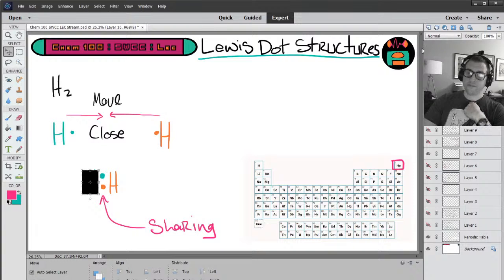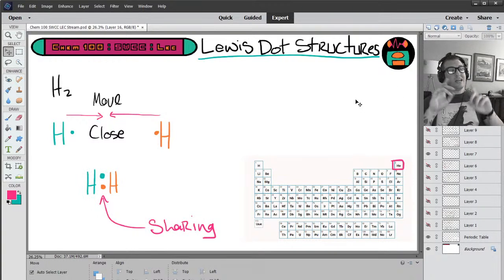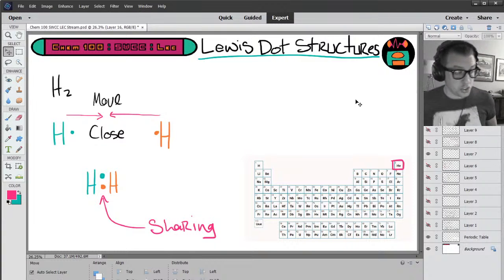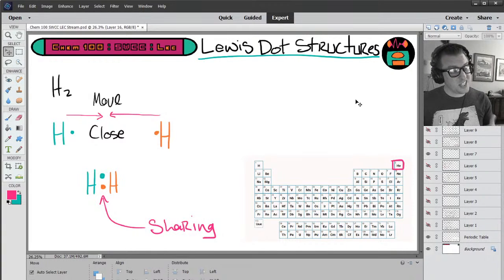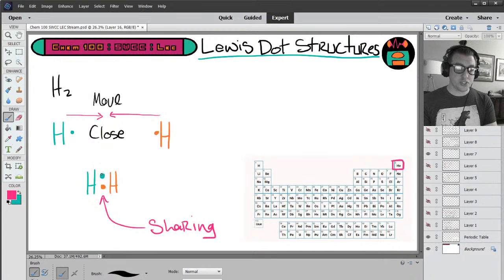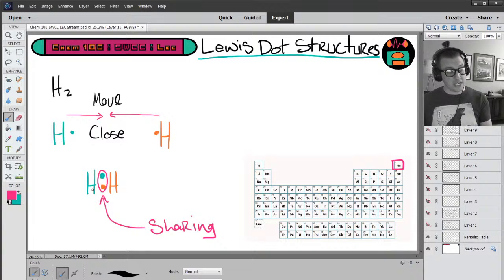Now here's the deal. Neither hydrogen has 2 electrons all to itself exclusively, because they're sharing these two. But the point is, each hydrogen atom has access to 2 electrons. And so by sharing their electrons, they're able to satisfy their octet rule. They're able to have access to the same number of electrons helium has, and that stabilizes them.